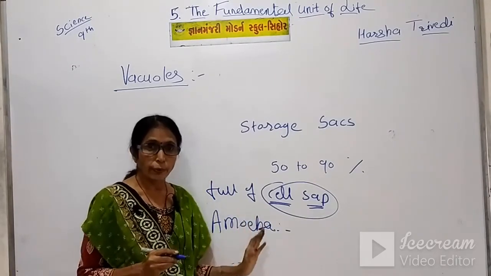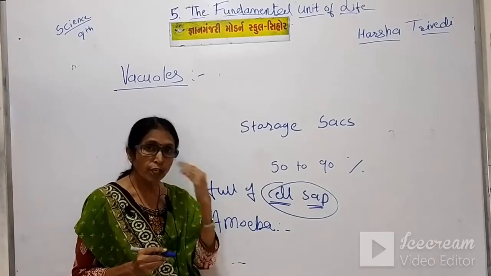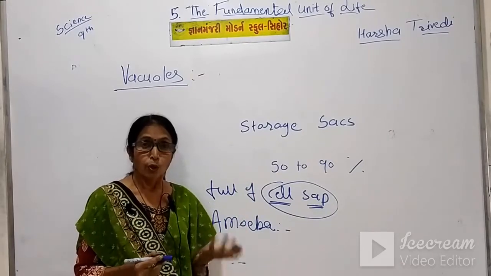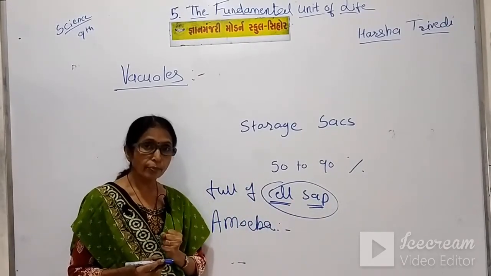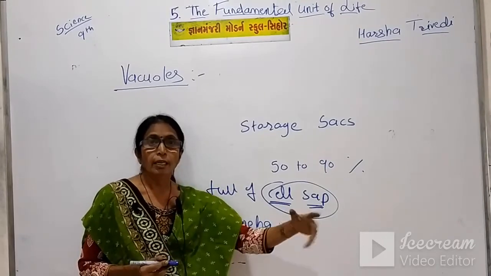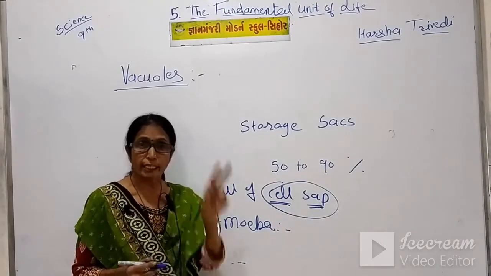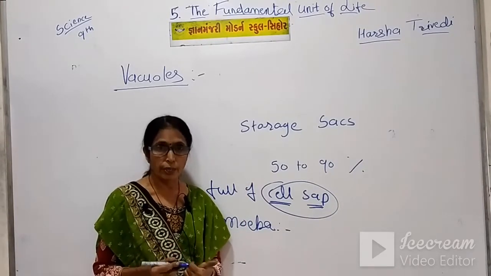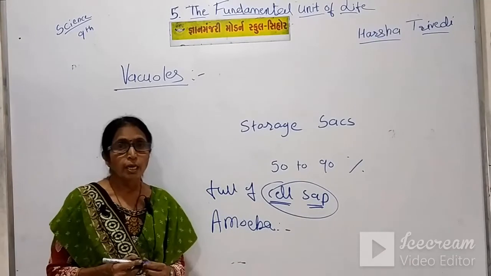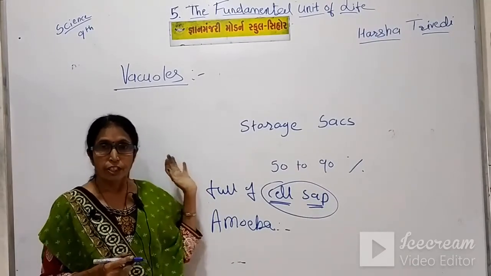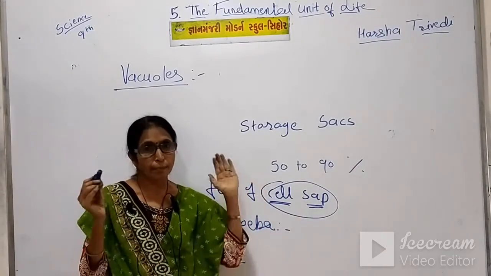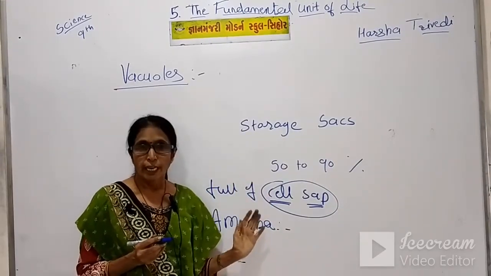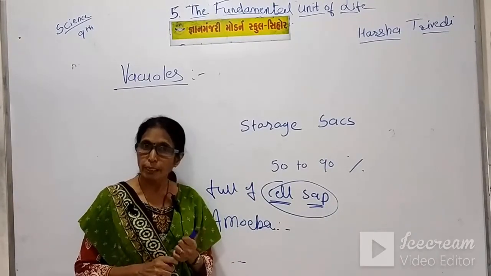So in a unicellular organism, the function of vacuole is somewhat different. Also it ingests the food material and also expels waste material. All these activities are done by the vacuole in a unicellular organism. So this is about the vacuoles which are present in plant cells in a big size, in animal cells in a small size. We have seen the function and the space occupied by it.